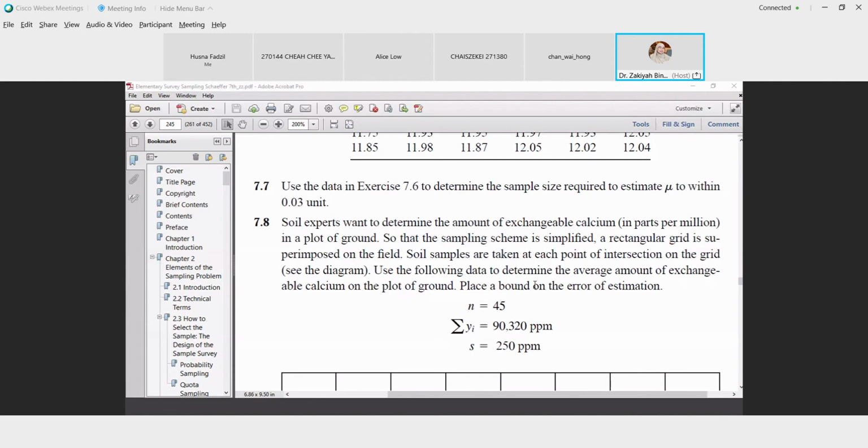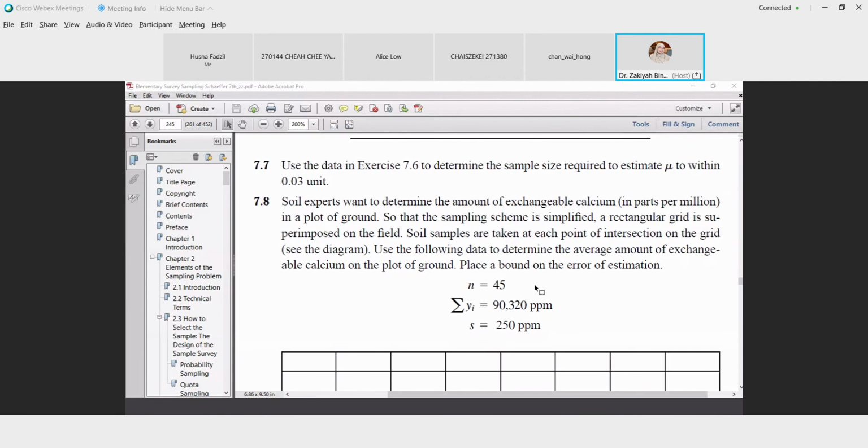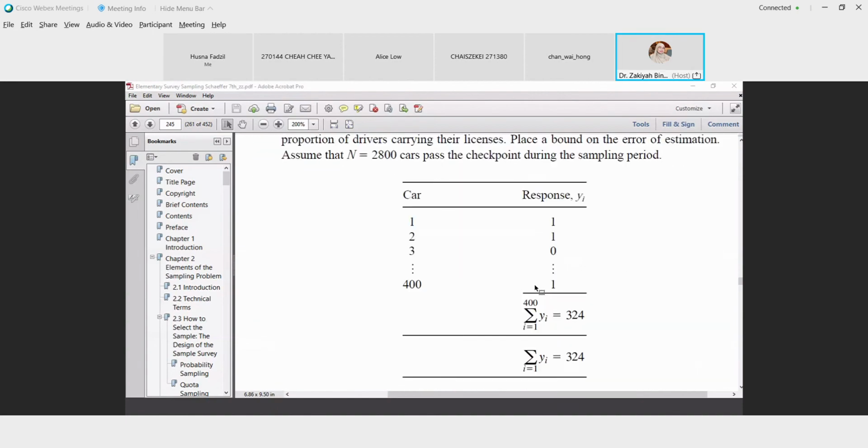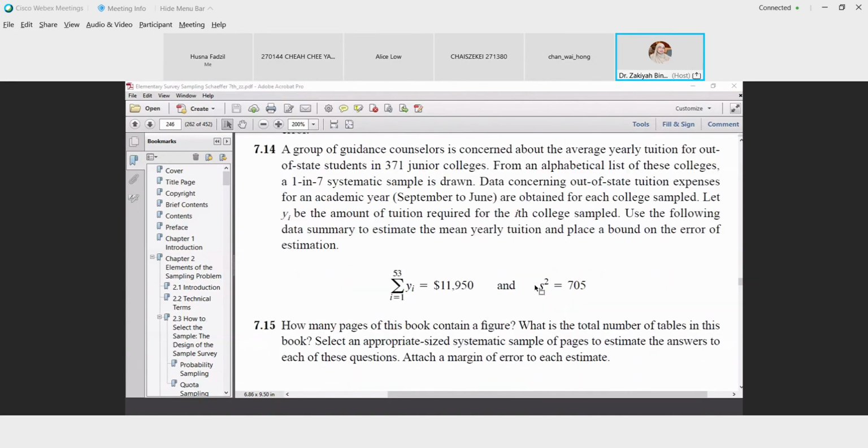If you cannot get the same answer, you can check with your friends or get back to me. 7.20 is also calculation, so the next one is 7.22.